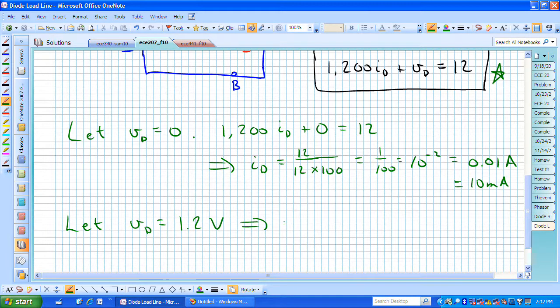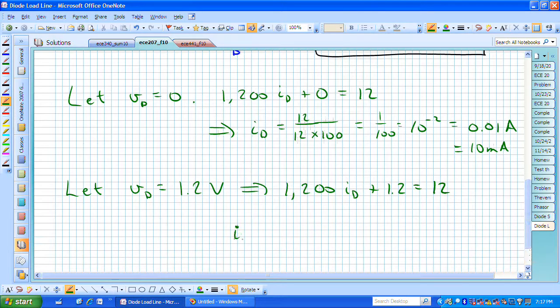If that's the case, we now have 1200 I sub D plus the 1.2 for V sub D is equal to 12, or I sub D for this value of voltage is going to be 12 minus 1.2 over 12 times 100, or 1200. And if we do that algebra, we end up with 0.009 amps, or 9 milliamps.